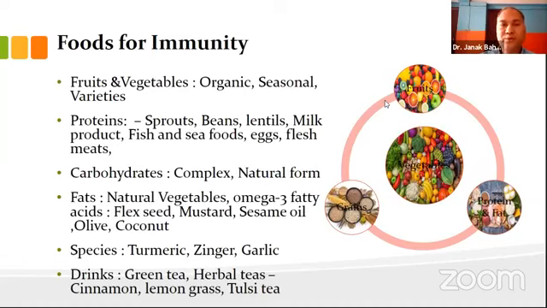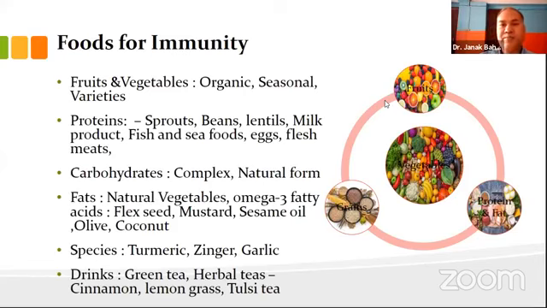So we need to choose vegetables which are organic, seasonal, and of varied kinds. If we eat like that, we can get almost all the nutrients which are important for our general health as well as immune function. So we need to choose seasonal, organic, varied, and locally grown vegetables. That is a very important thing.